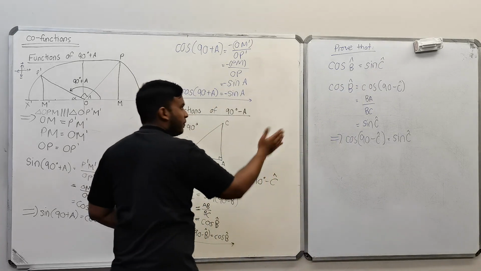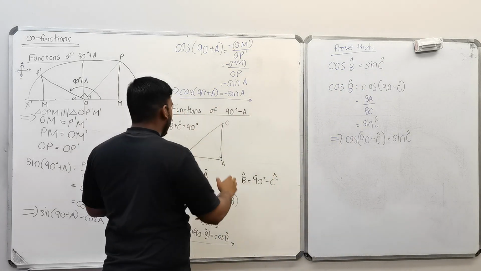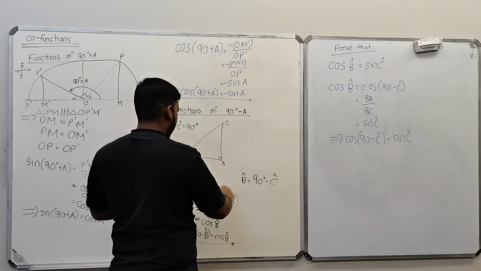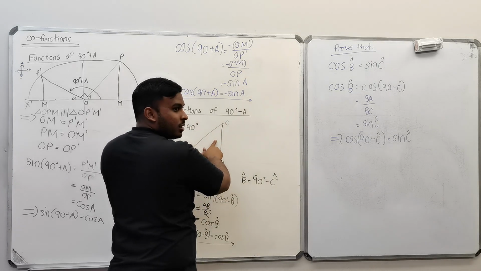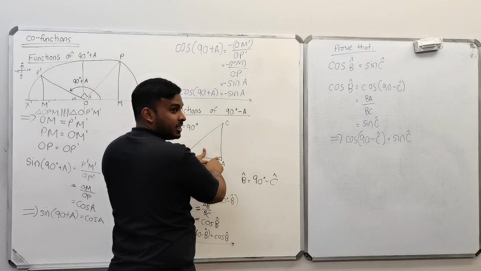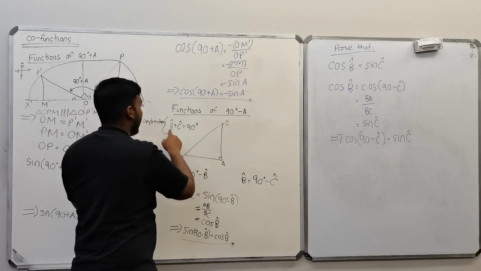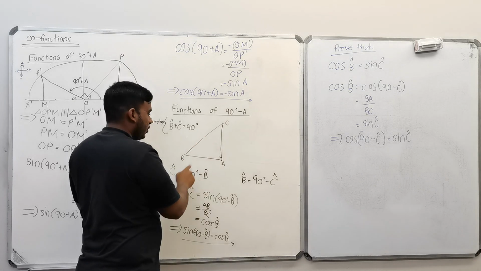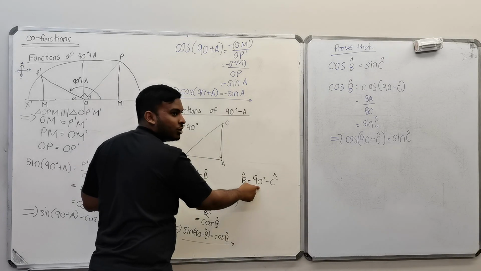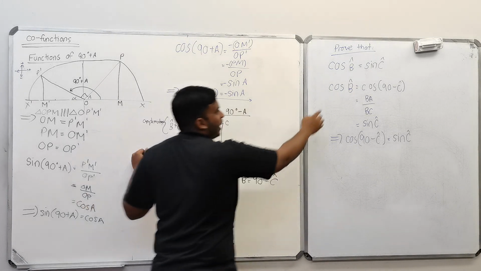If you are answering it in the paper, you would have drawn this triangle and shown the 90 degrees, and you would have said that angle B plus angle C must equal 90.